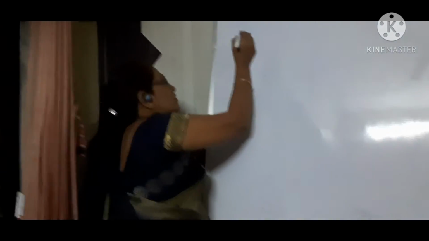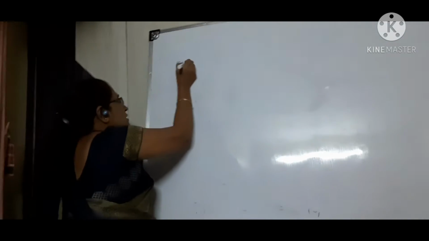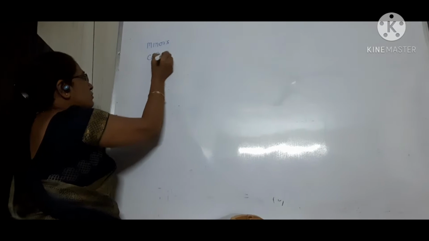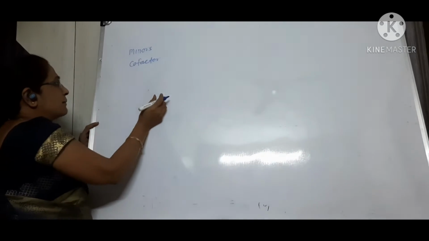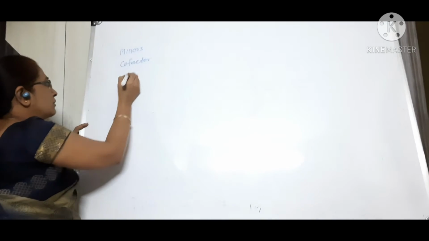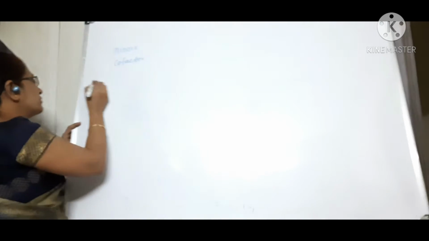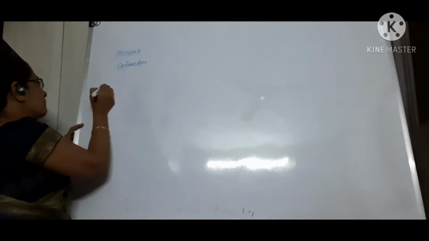Last lecture we have seen minors. Now in this lecture we will see cofactor. So see the example in exercise 4.1, example number 5 or question number 5.